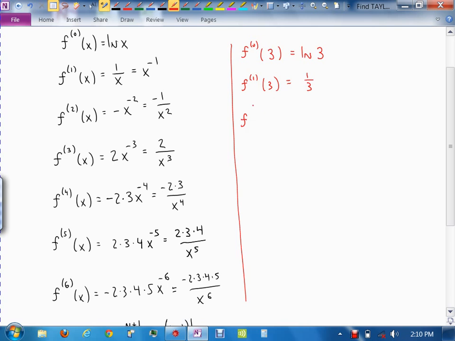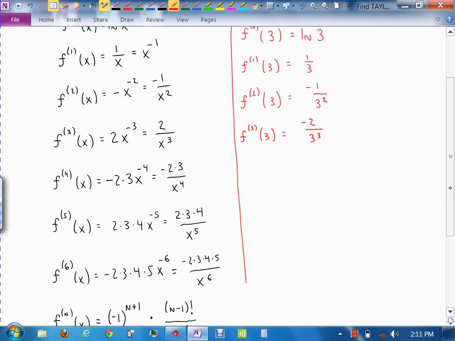What's the second derivative evaluated at 3? Negative 1 over 3 squared. Oh, it's 3 cubed. What's the third derivative evaluated at 3? 2 over 3 cubed. Yes, positive.